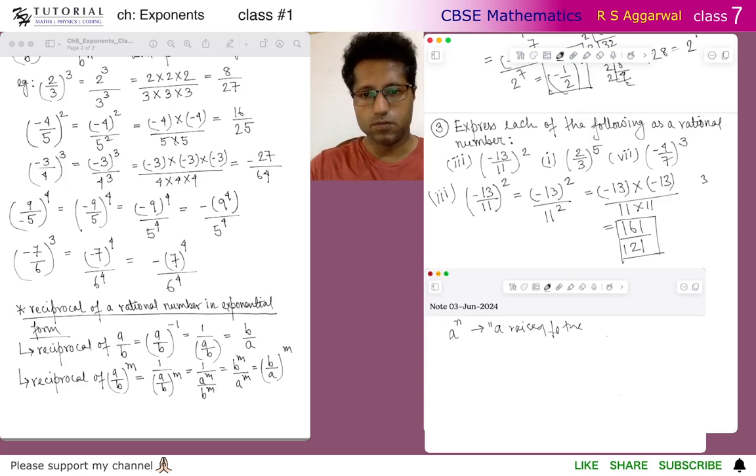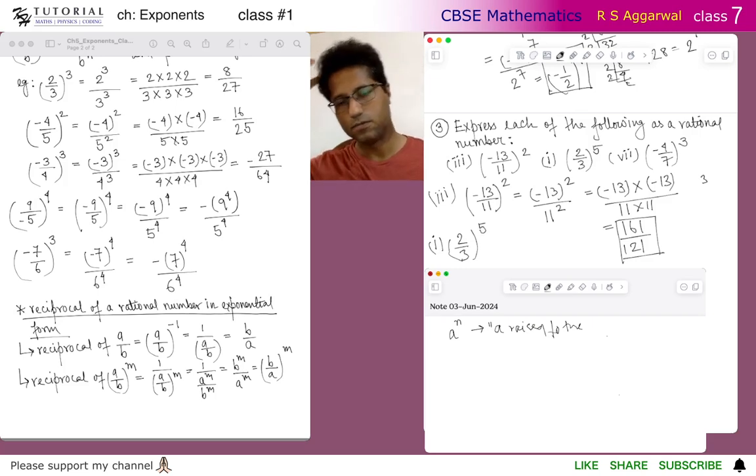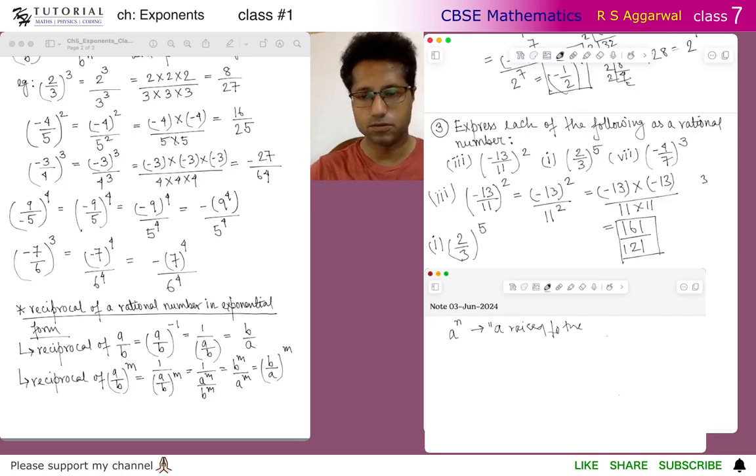Okay, let's do part number 2. 2 by 3, this rational number, is raised to the power 5. So this is the exponential form. This is nothing but the numerator raised to the same power divided by the denominator raised to the power 5.